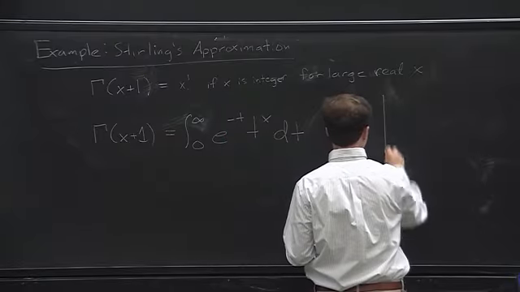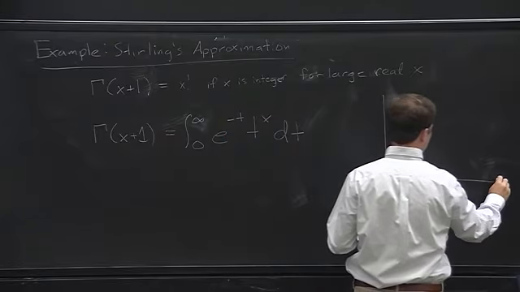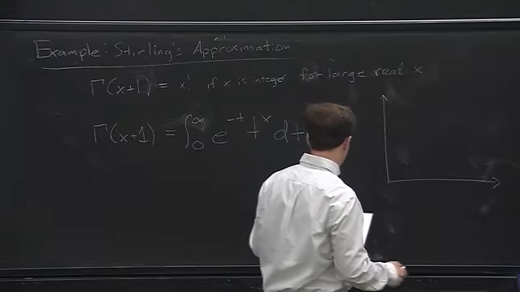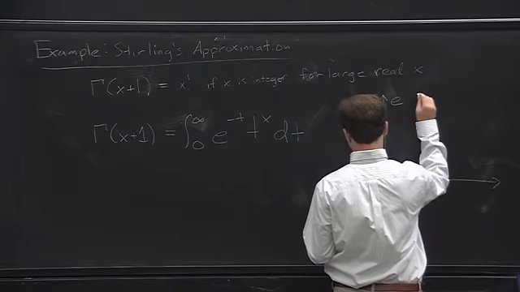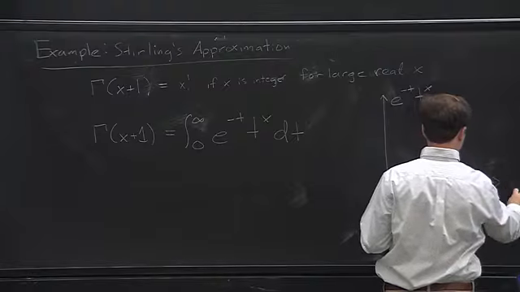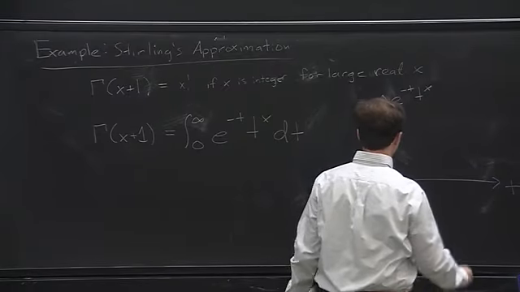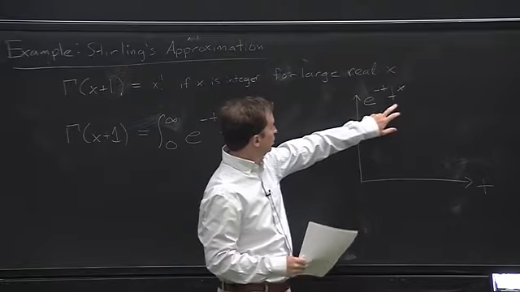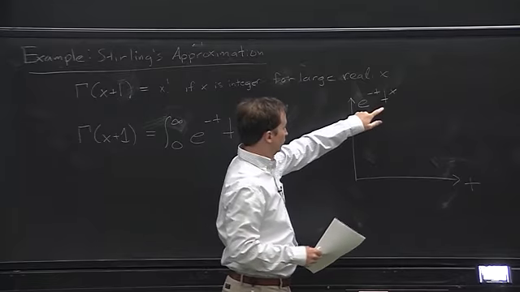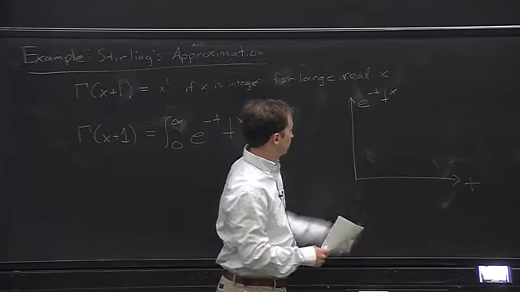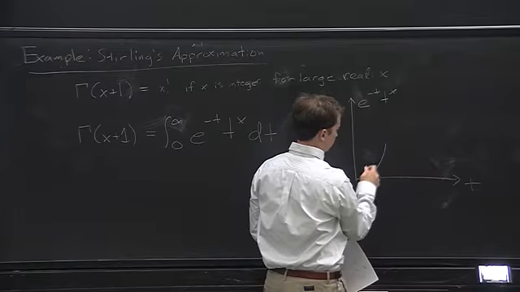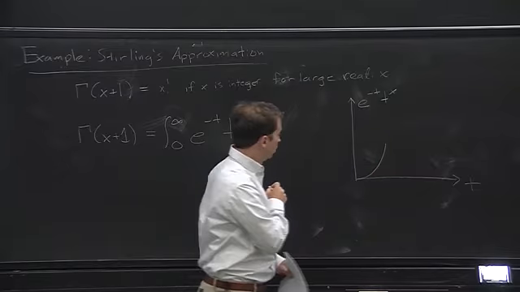And the key observation we need to make in order to derive an asymptotic series for this result is that if we look at the integrand, e to the minus t, t to the x, as a function of t, the integrand for t small goes to 0 very rapidly, particularly because we're interested in large x. So for t small, this function rapidly goes to 0.